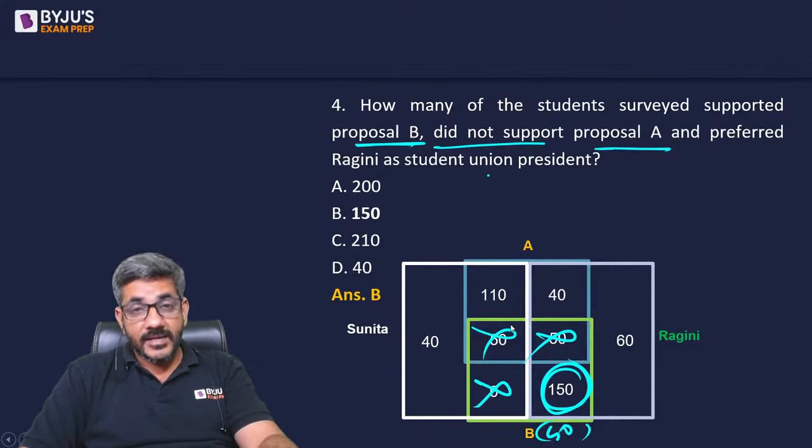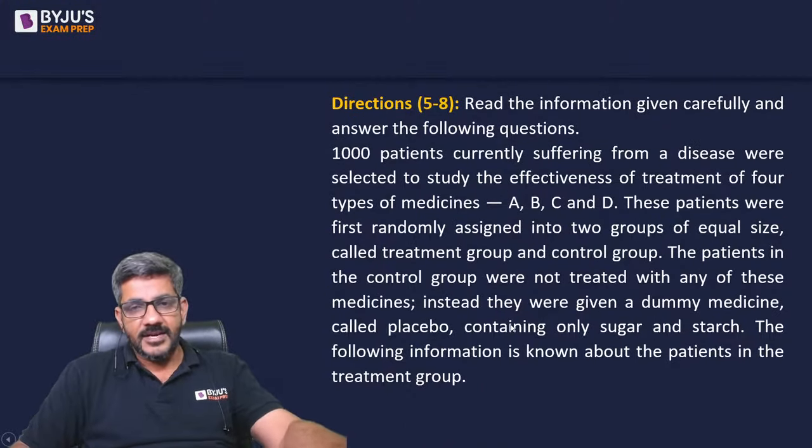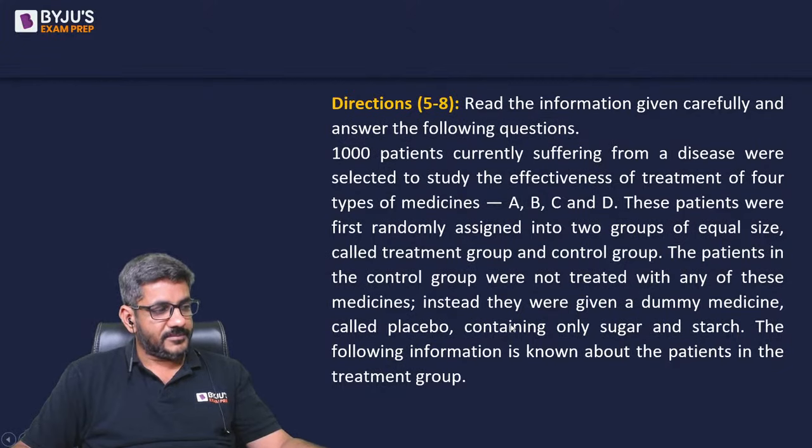The second one is again a set from CAT, an actual Venn diagram based set. So here is the data. Please read it first. After that, we'll be doing it together.